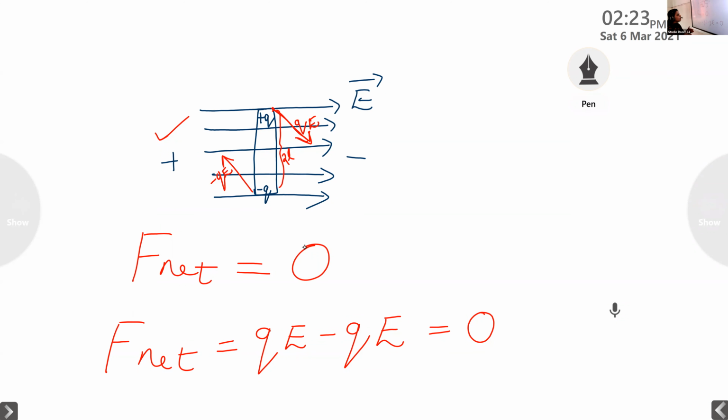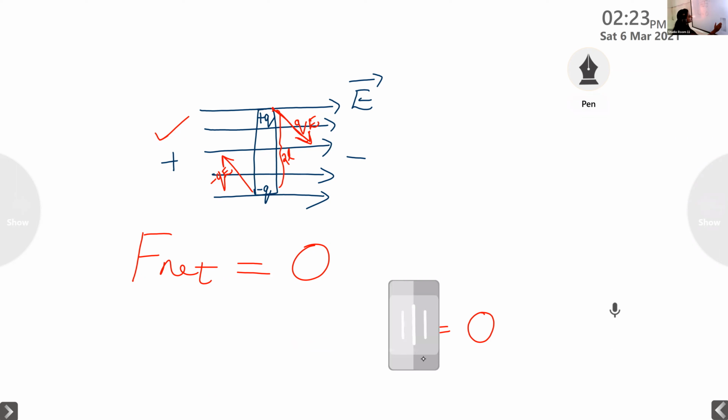Because the charges on the dipole experience equal and opposite forces. Plus Q experiences a force acting forward, QE. But the negative charge on the dipole experiences a backward force. It is also a force of attraction, but it acts in the backward direction, that is minus QE. Therefore, the net force acting on this dipole is QE minus QE, that is equal to 0.